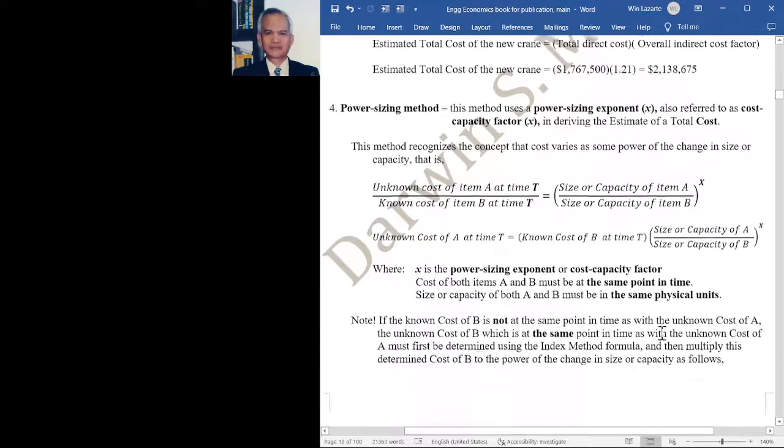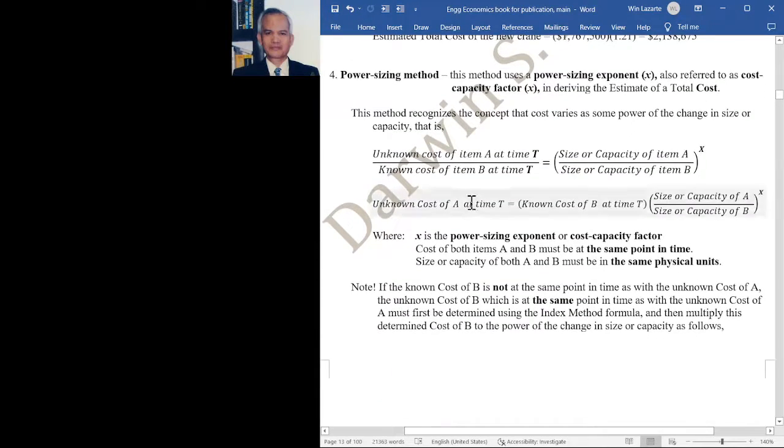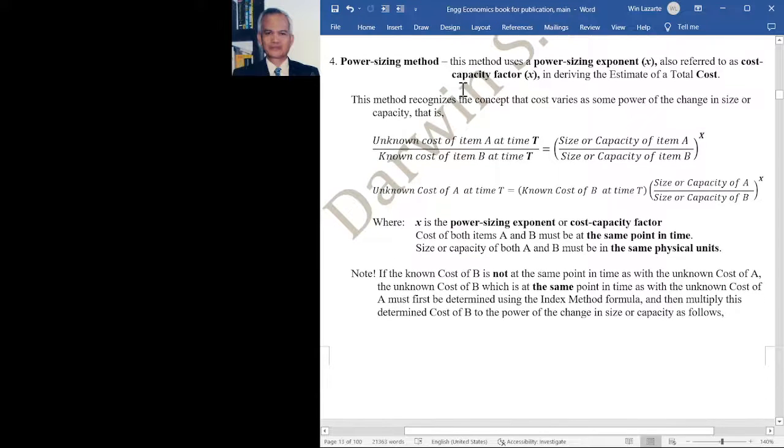Okay, another method is called the power sizing method. This method uses a power sizing exponent, also referred to as cost capacity factor, in deriving the estimate of a total cost. This method can be used only in estimating a cost.